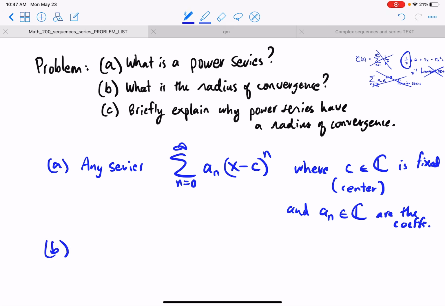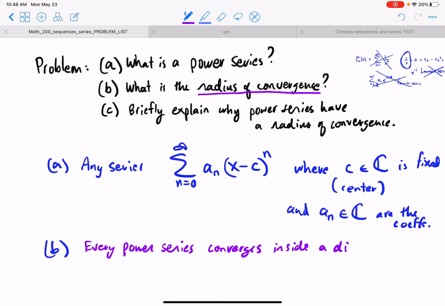B. What is the radius of convergence? Every power series converges, not everywhere, but inside a disk of some radius, called the radius of convergence, centered at c.